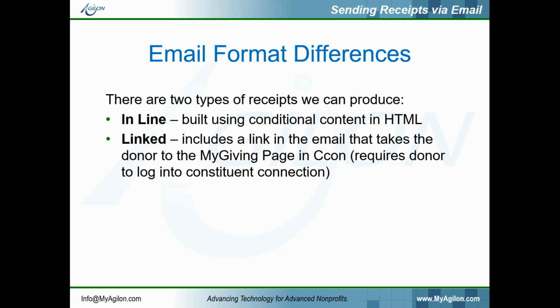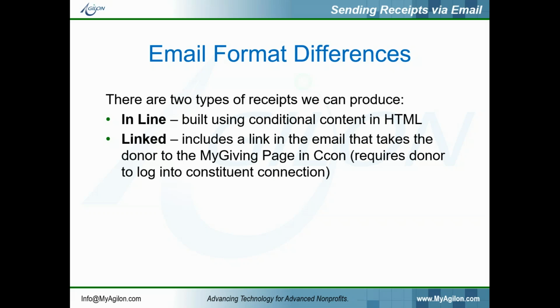The second version that we're going to be looking at briefly is called a linked version. In this version, it's a little more secure than actually sending the receipt information directly in the email. It still sends out an email based on a certain frequency to a donor, and you can put your letter in there, whatever you want to spell out for them.